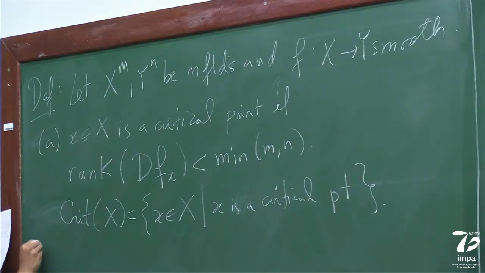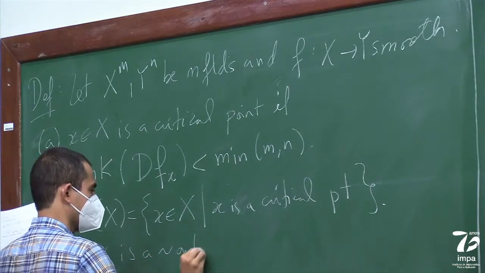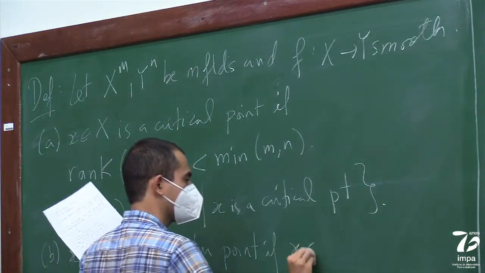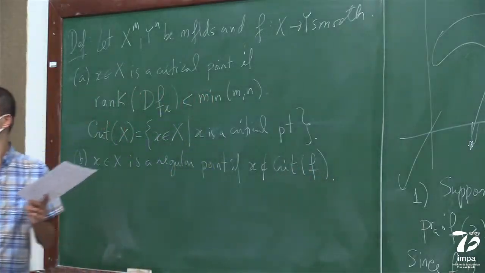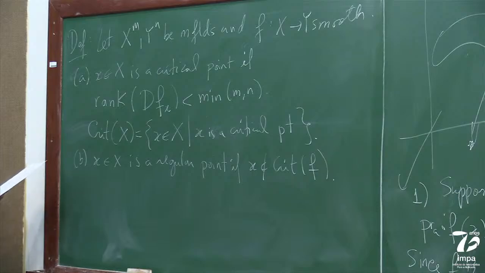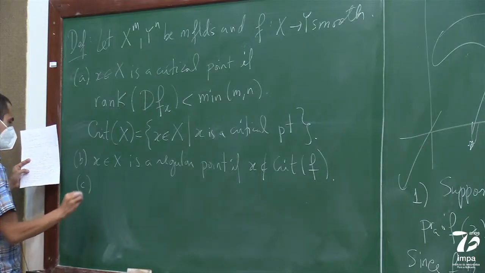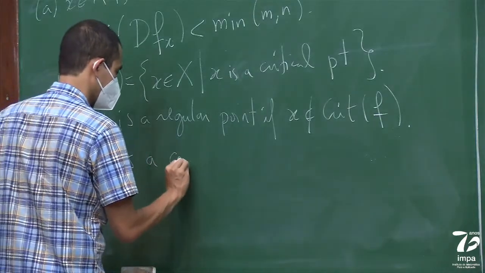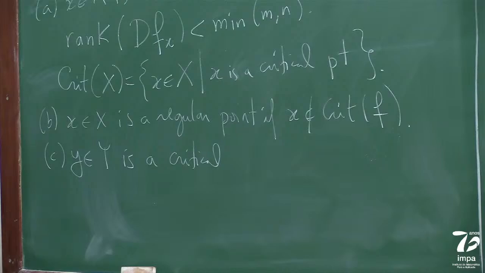Okay. And we say that a point x is a regular point if x is not a critical point. And y is a critical value. And this name regular point is not used very often.